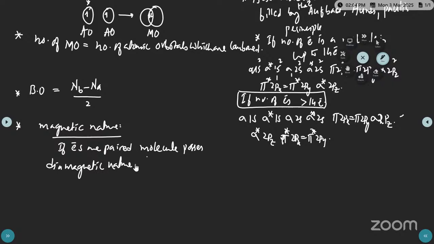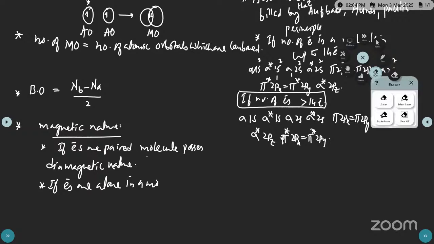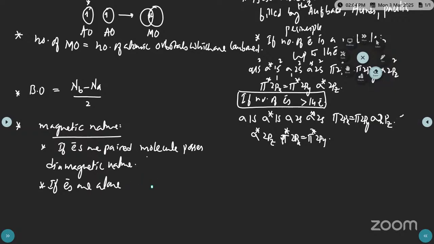The paramagnetic molecule can be explained by molecular orbital theory. If electrons are alone, unpaired, in a molecule, that molecule possesses paramagnetic nature.